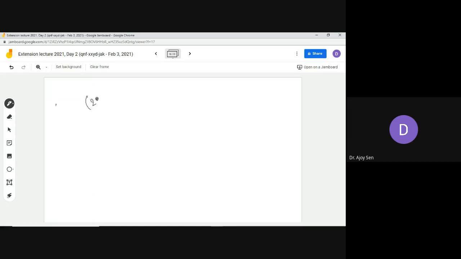For example, (2x square plus y) dx plus (x square y minus x) dy equals zero. So if we check, M is 2x square plus y, M dx, N dy, and N is obviously x square y minus x.